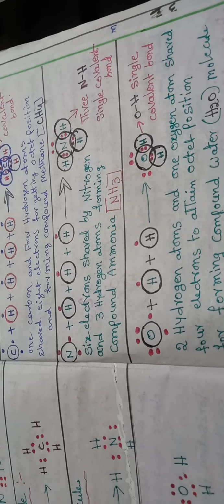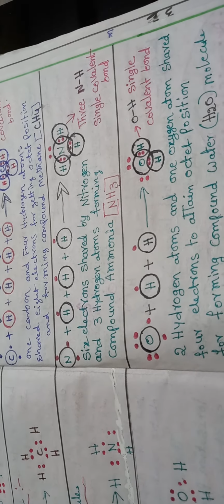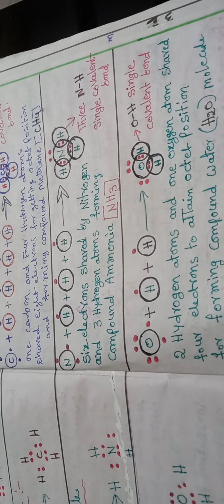So all of these electrons come between oxygen and hydrogen, forming an O-H single covalent bond. So these 4 electrons are shared by the oxygen and hydrogens. So all this is about the covalent bond.